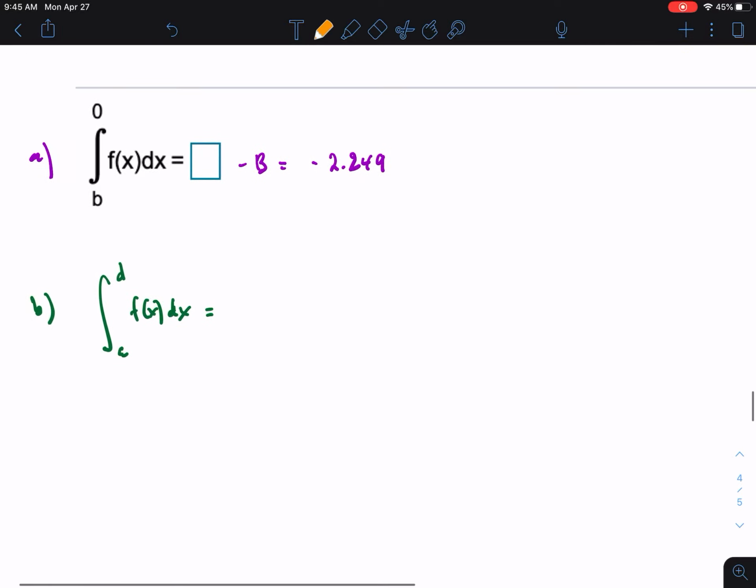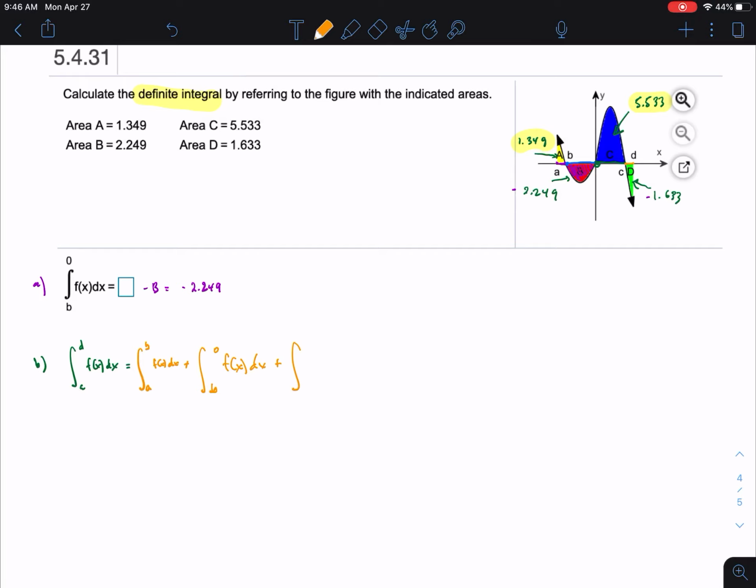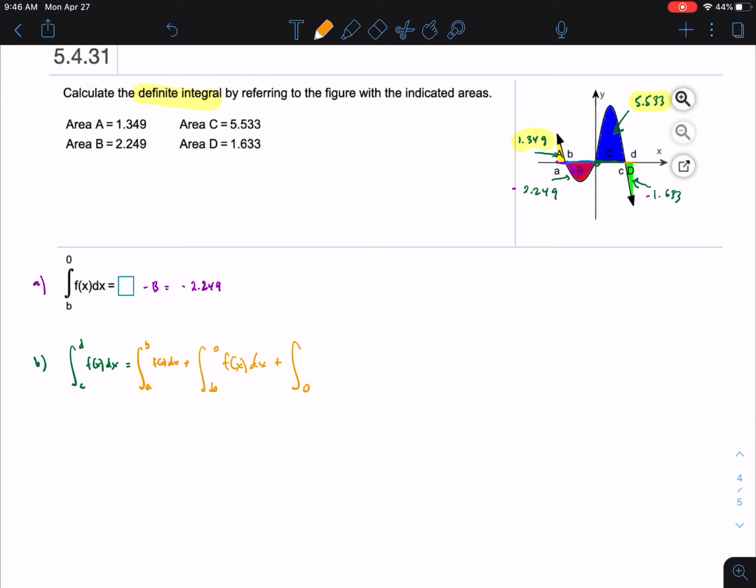We look at this as the integral from a to b of f of x dx, plus the integral from b to 0 of f of x dx, plus the definite integral from 0 to c of f of x dx, plus the definite integral from c to d of f of x dx. So this area under the curve from a to d can be broken down into four different areas, and those are the colors shaded under the graph there.